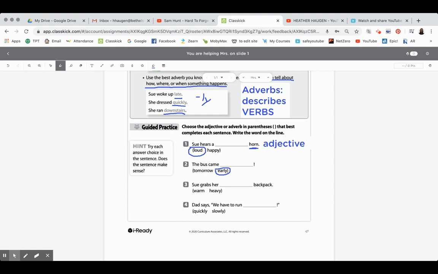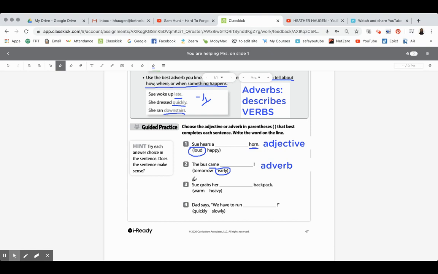Now, because this word is describing when the bus came, and it also has that tricky ly at the end, this word, early, is an adverb because it is actually describing when the bus came. It's describing a verb, so it's an adverb.